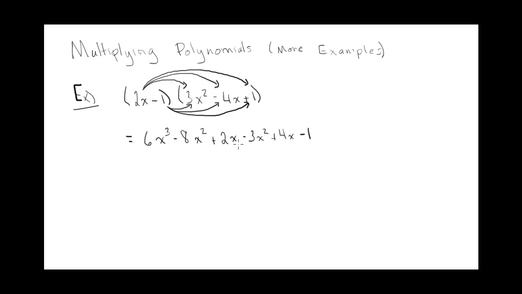So we have these 6 terms by expanding, and now just look for any common terms. So x squareds, I have 2 x squared terms, and then x, I have 2 x terms. So we have two pairs of like terms. So we'll just collect those. So minus 8x squared, minus 3x squared, minus 11x squared, plus 2x plus 4x, plus 6x, and the minus 1.